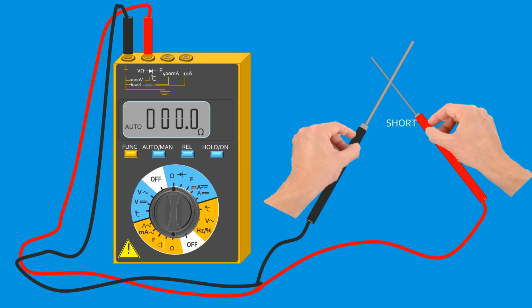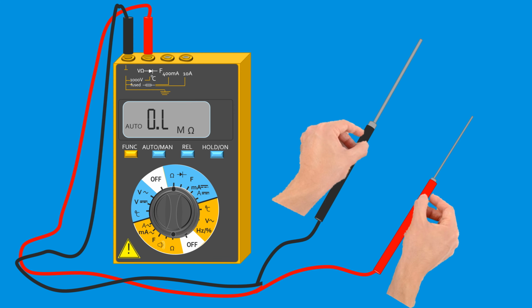Now short the hand side leads with each other. 0 ohm will appear on the screen. Measure the resistance of the 220 kilo ohm resistor.